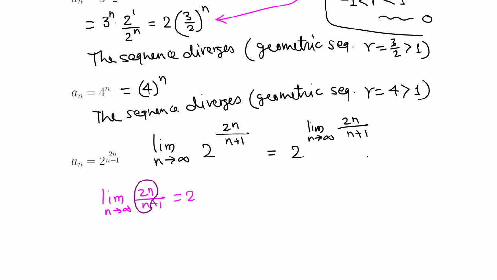That means this limit is 2, so 2 raised to 2, 2 squared, is 4. That means the sequence with these common terms converges to 4.